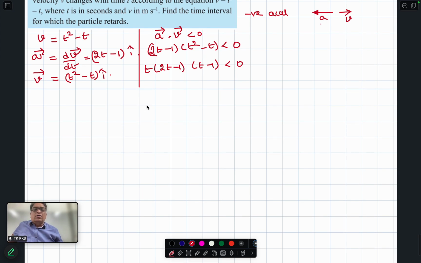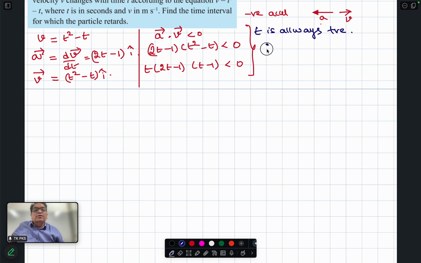And we already know, from this I am writing conclusions, t is always positive, because I mentioned distance and time are always positive. So therefore, we need the product to be less than 0.